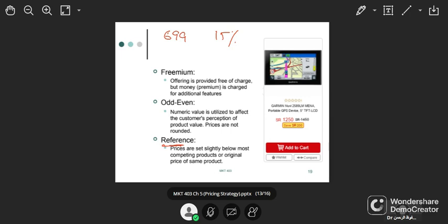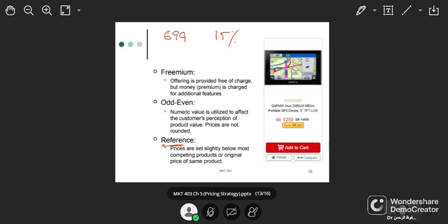how much you are saving, it will be a difficult thing. 15% of 699. So approximately 104.